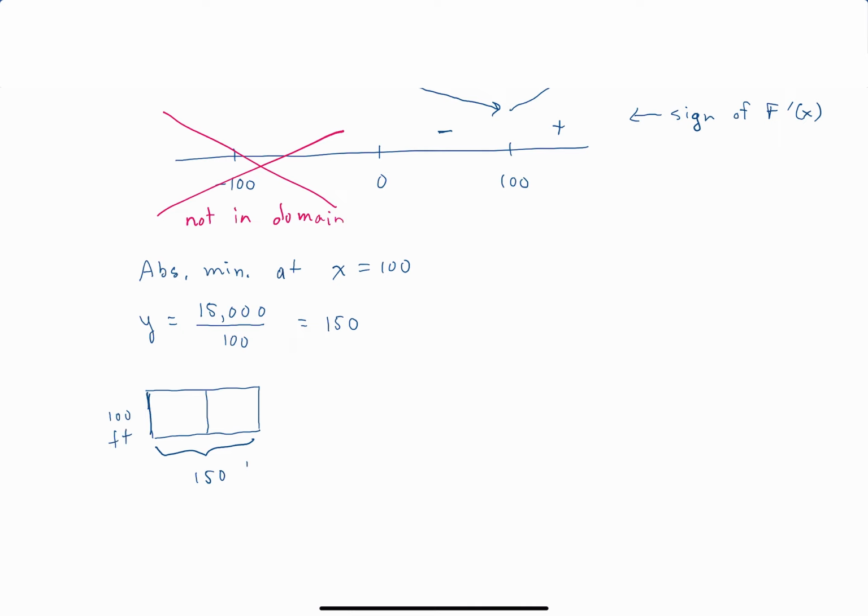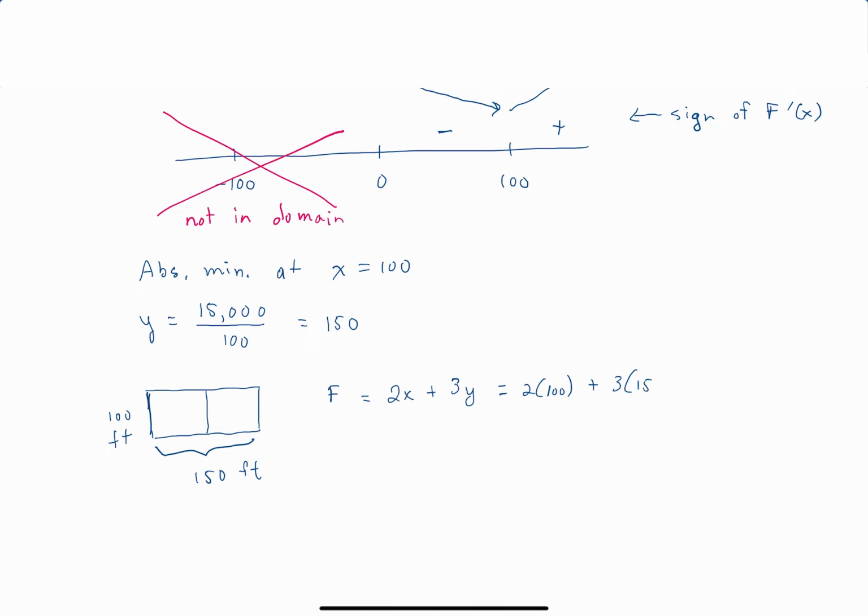And the amount of fencing needed, what will that be? Well, f of x we said was 3x plus, actually let's go back to the original fencing function. So that was 2x's plus 3y's. And we're saying that our x should be 100 and our y should be 150.